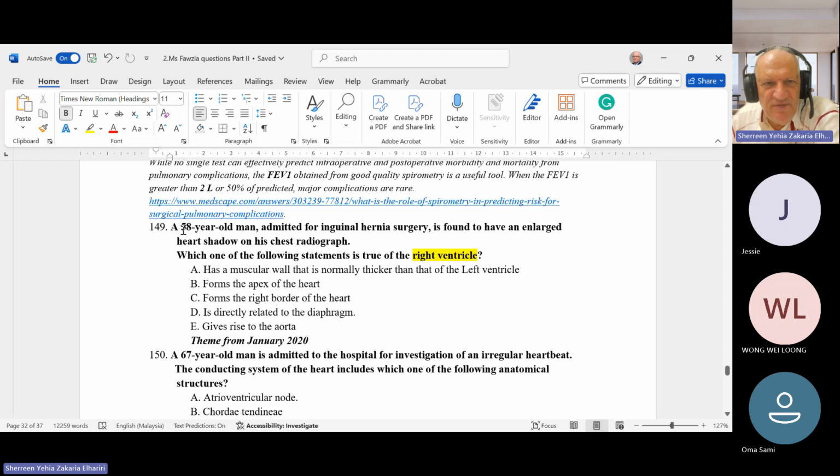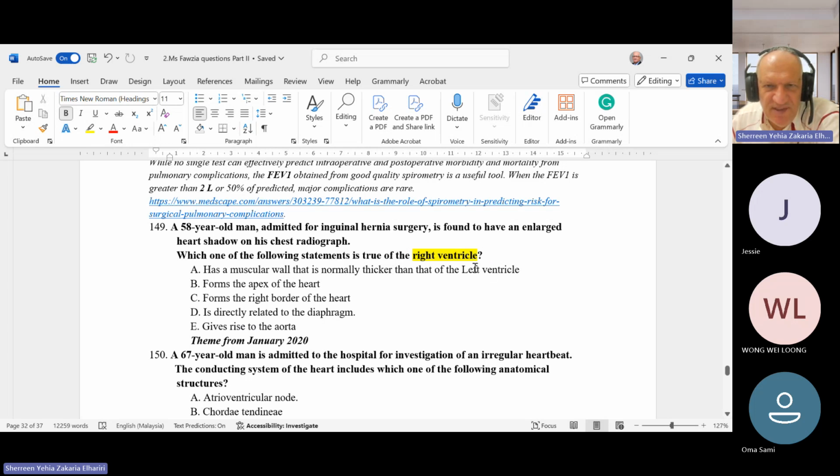Next question. A 58 year old man admitted for inguinal hernia surgery is found to have an enlarged heart shadow on chest X-ray. Which one of the statements is true about the right ventricle? This is also an anatomy question. The right ventricle has a muscular wall that is normally thicker than the left?